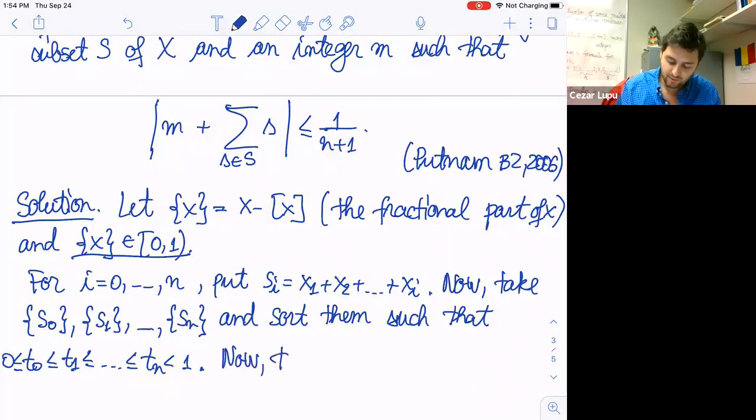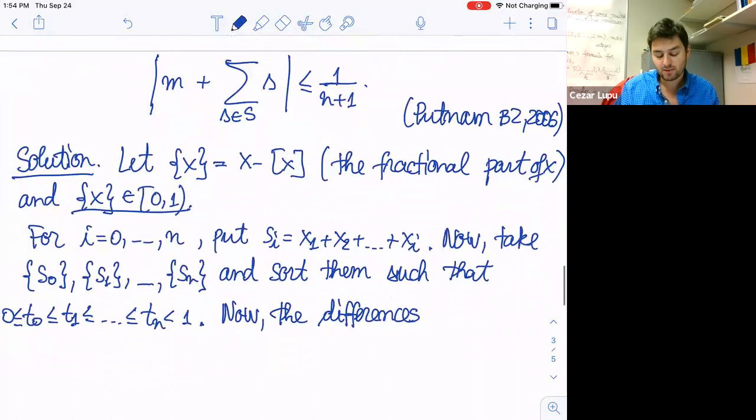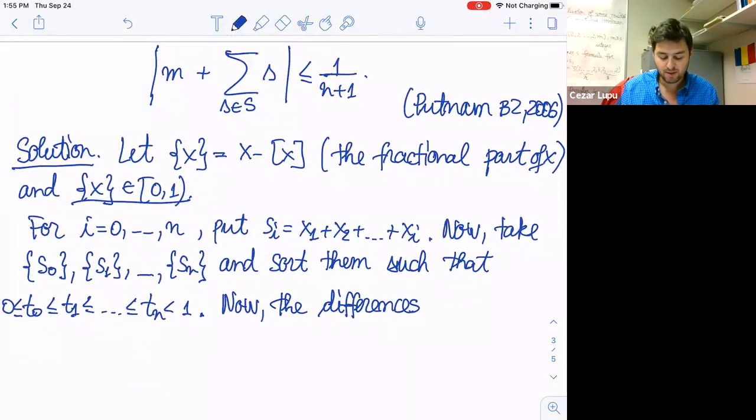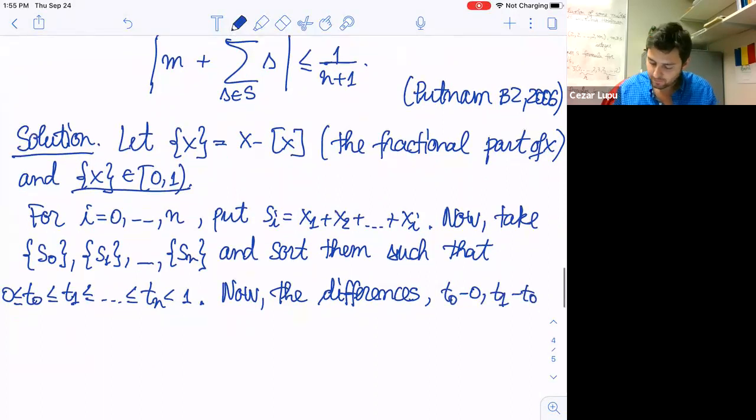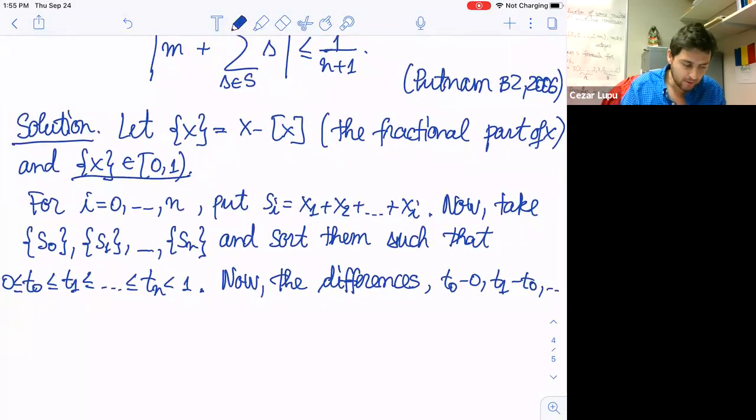So now the differences are, that's a nice modification of the problem that I just stated at the beginning. Let's say t_0 minus 0, which is t_0, t_1 minus t_0, and we're going all the way to, let's say, t_n minus t_(n-1), right? These differences add up to 1.